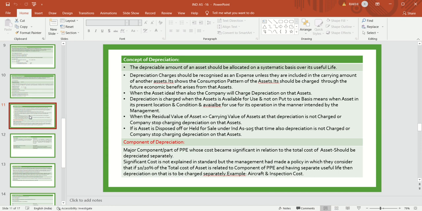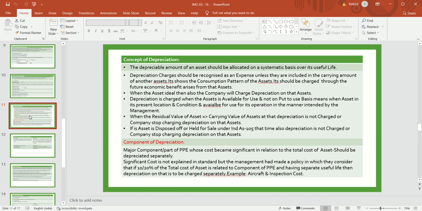So depreciation charges should be recognized as an expense. It should be charged to P&L as an expense unless it is included in the carrying amount of another asset. Every year the company charges some depreciation to P&L as an expense throughout the useful life of the asset. Depreciation also shows the consumption pattern of the asset.